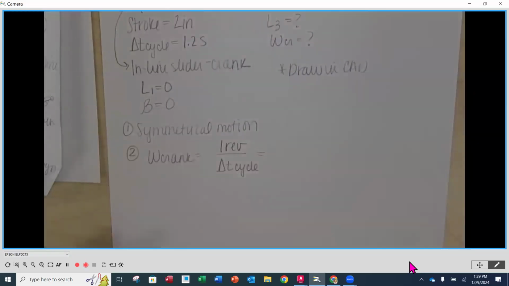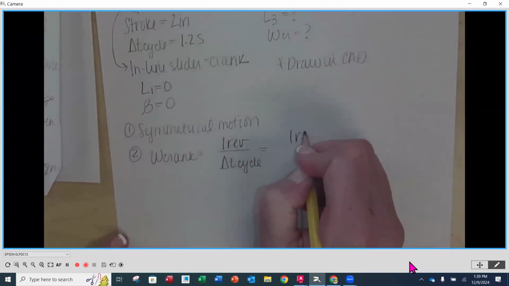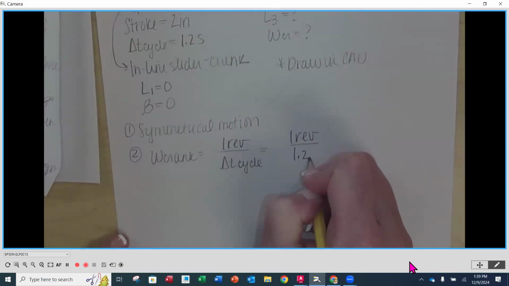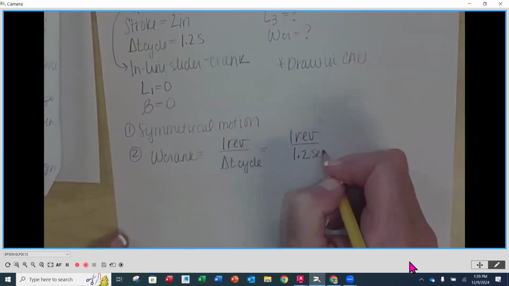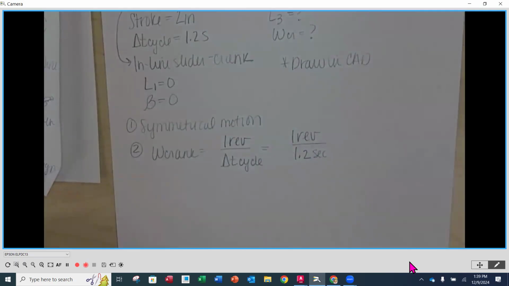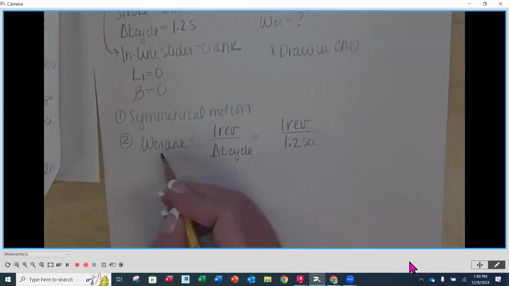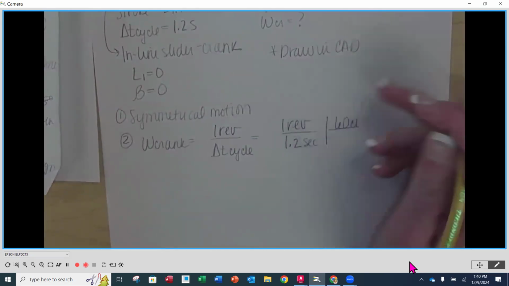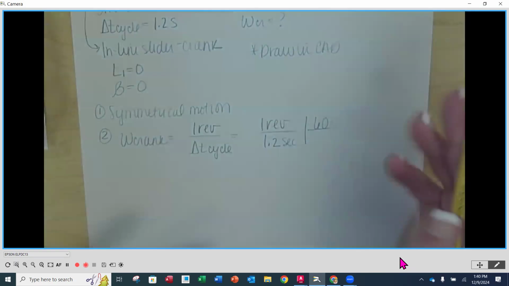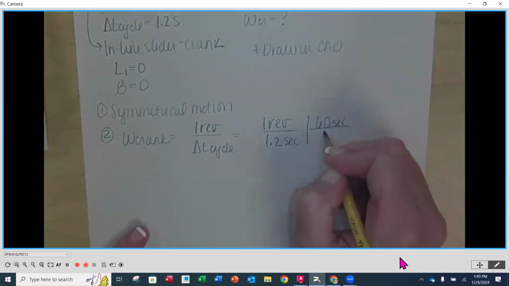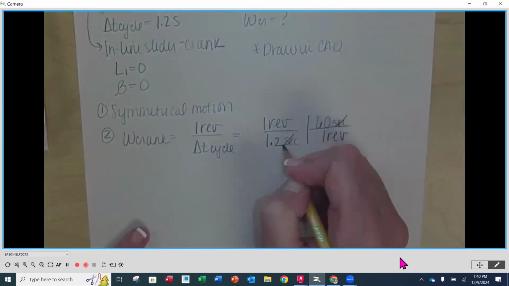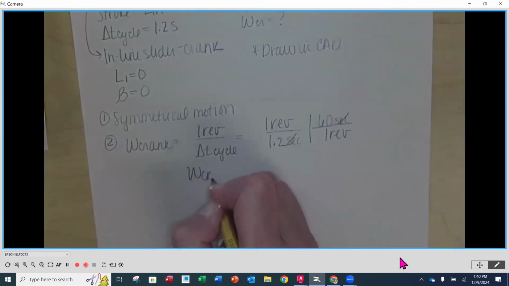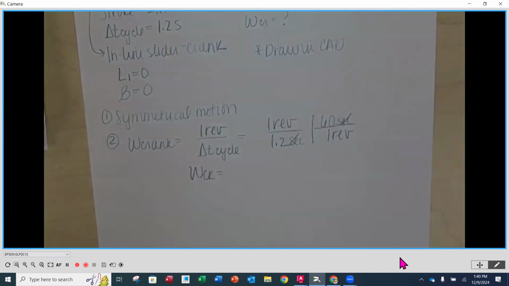So that value is equal to 1 revolution over 1.2 seconds. Because we're going to report our angular velocity of our crank in RPMs, we just simply need to do 60 seconds in 1 revolution. Seconds cancel.